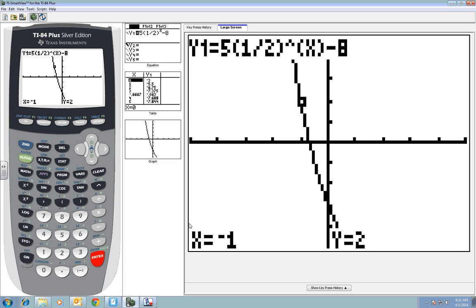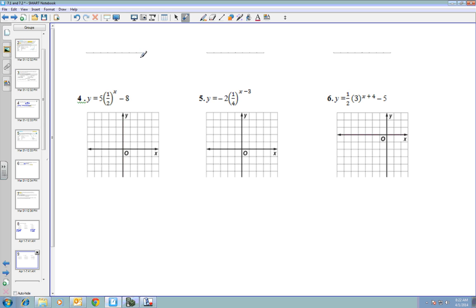Just like our others leveled off at 0, this one is also going to level off. So how am I going to know where it levels off if I don't see the entire graph? Well, anytime you have a -8 or a -5, or if I had like a +2 at the end, that's where it's shifting this up or down. So whatever number is being added to or subtracted from, that's going to affect my range.